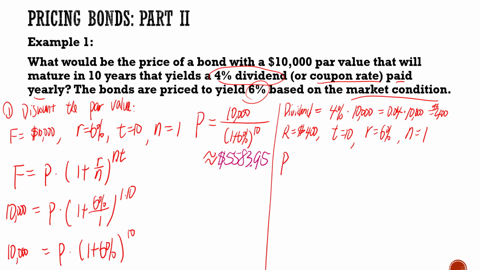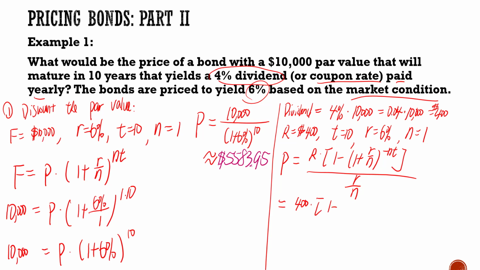So the present value of all dividends using the annuity formula: 1 minus 1 plus r over n to the negative nt, over r over n. I'm throwing in all the numbers. So this is 400 times 1 minus 1 plus the rate, 6% over 1, raised to negative 1 times 10, over 6% over 1.